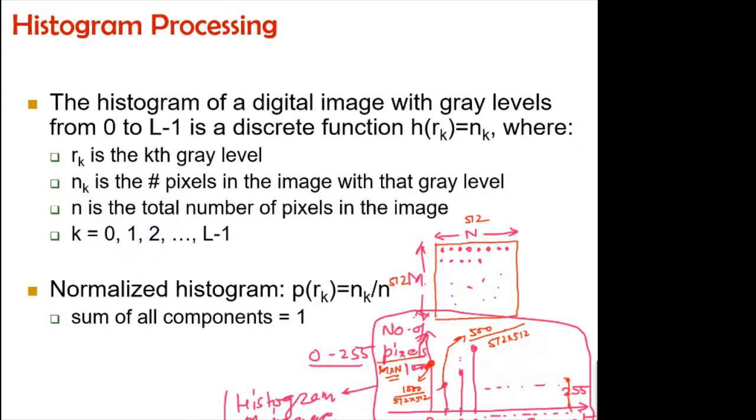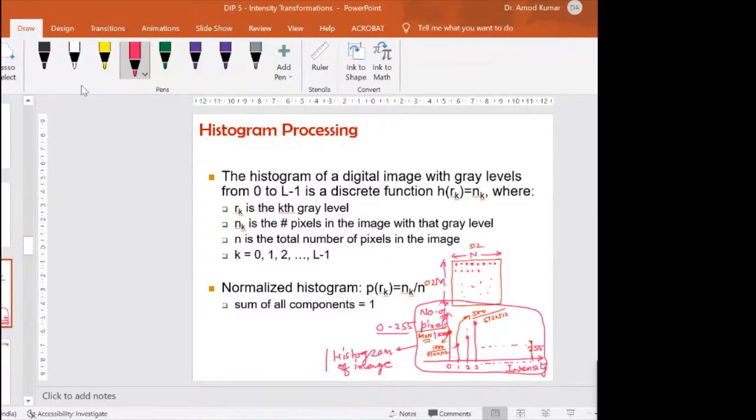If I divide by m cross n, whatever figure we get is called probability values. So that is called the probability density function. Probability is defined as the number of pixels at a particular intensity level, let us say intensity value I, divided by m by n.